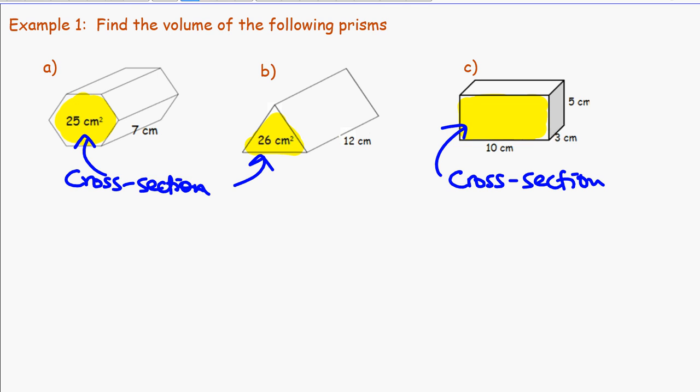So to find the volume, for example, in A, volume will be the area of the cross section, which is 25 multiplied by 7, and that will give us 175 centimeter cubed.